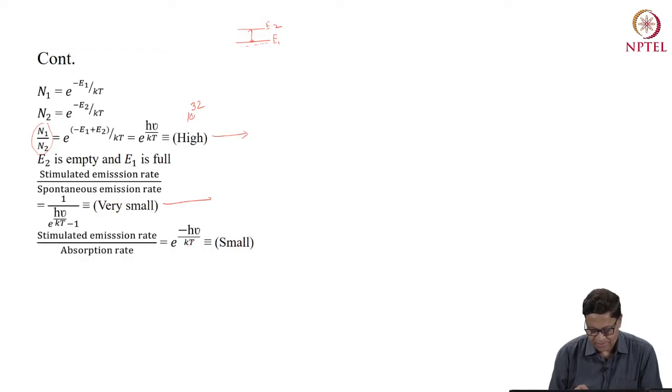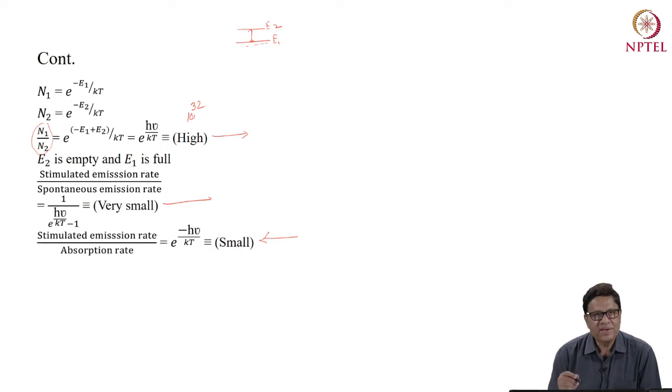And since this was e raised to power h nu by kT, by putting typical values of h nu, k and T, this is going to be very, very small, which means the stimulated emission rate is also negligible in comparison to absorption rate.